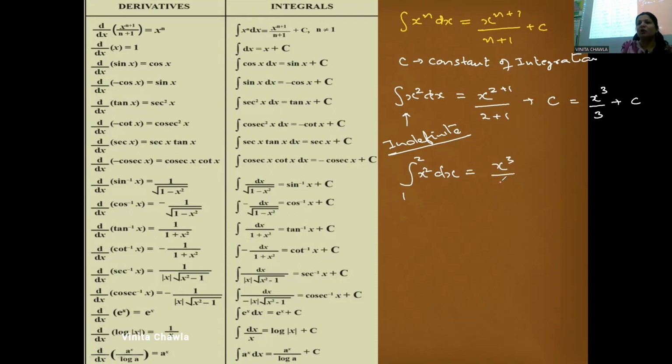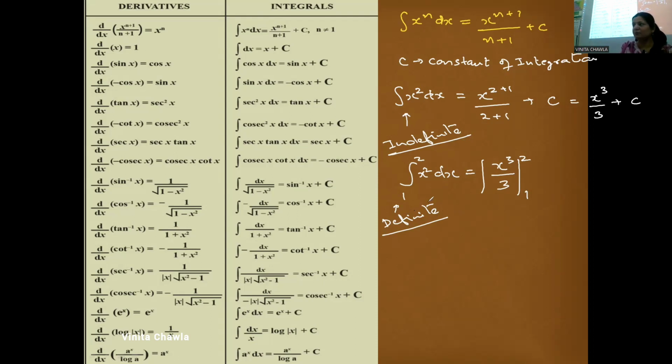But this time we will not write this constant of integration. Instead, we will just write the limits here like this. This type of integration is called definite integration, where limits are given. Where limits are not given, integration is indefinite. But if limits are given, then it is definite.